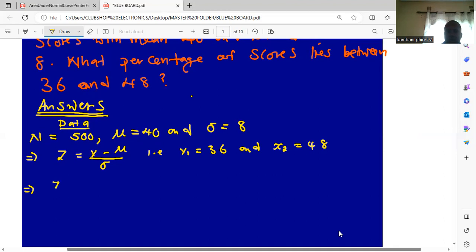So z1 will be equal to x1 minus mu divided by the standard deviation. So we can compute z1.